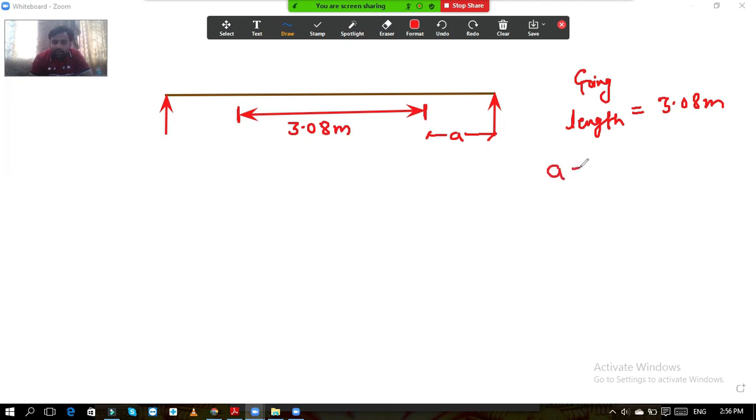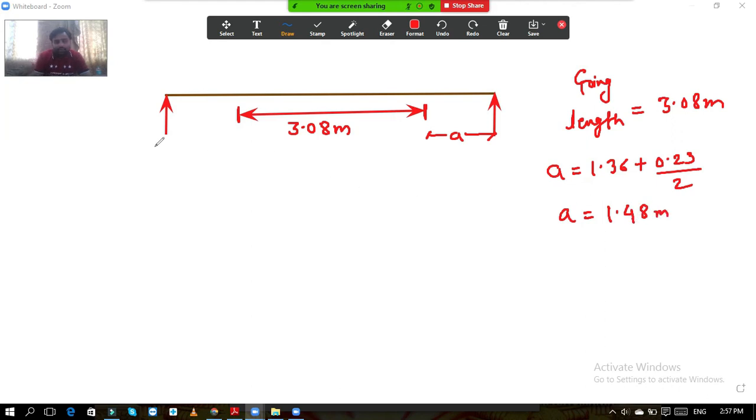So what is the value of A? It is 1.36 plus 0.23 by 2. What is the answer? 1.475. Okay, so we will take it as 1.48.